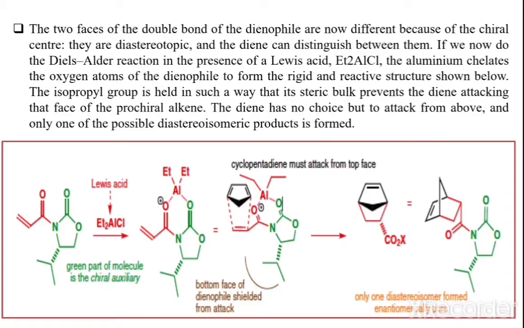Therefore the addition of cyclopentadiene takes place from the top face, with only one choice, and we get only one diastereomer, enantiomerically pure.